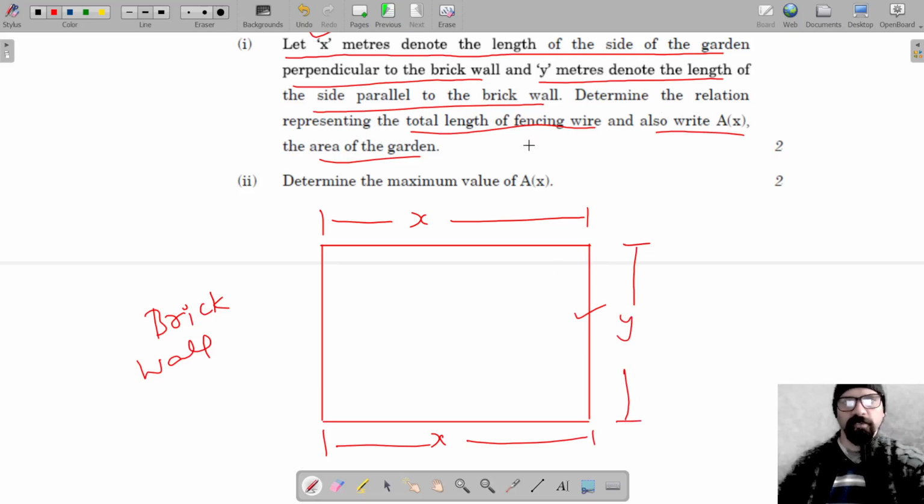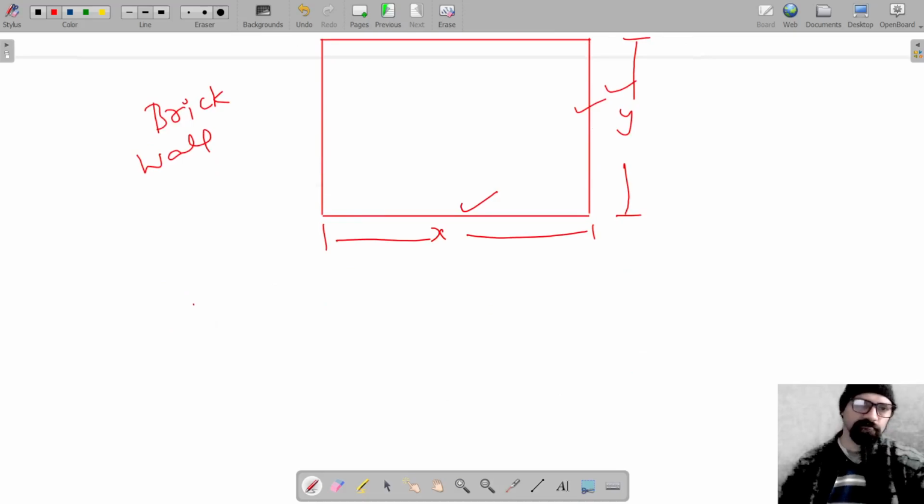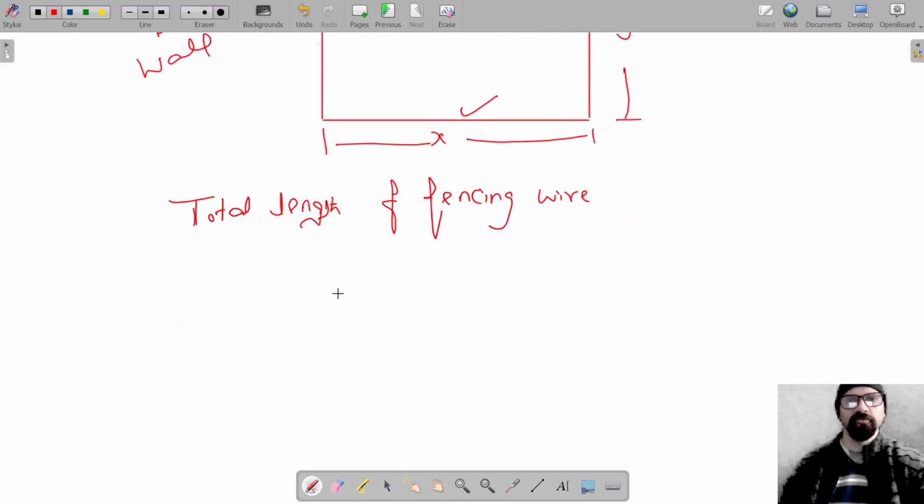Determine the relation representing the total length of fencing wire. The fencing wire is the three sides, 1, 2, and 3. So the total length of fencing wire according to the figure is 2x plus y.